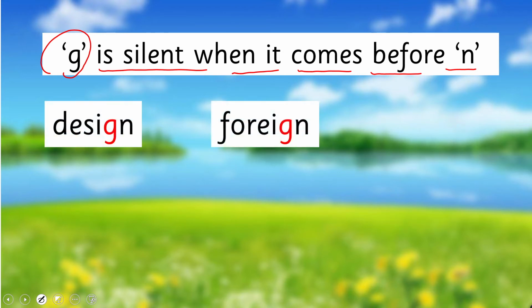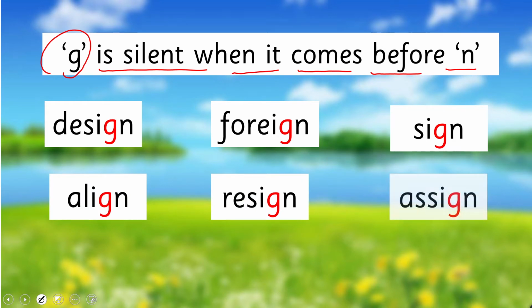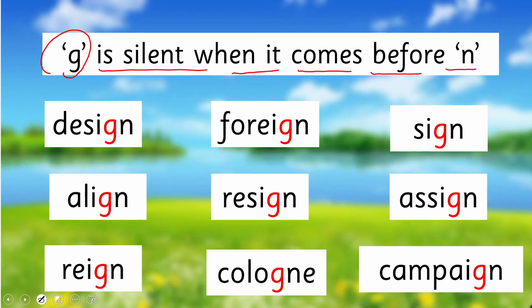Design, sign, align, resign, assign, reign, clone, and campaign. I have added these to increase your vocabulary. You see there are more words, and the rule is the same. We just learned that G is silent because it is followed by N.